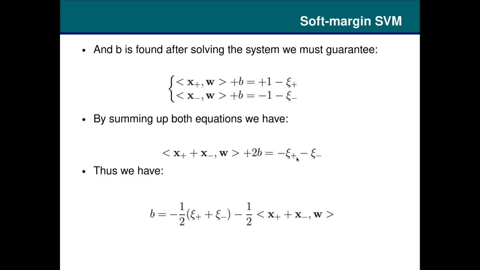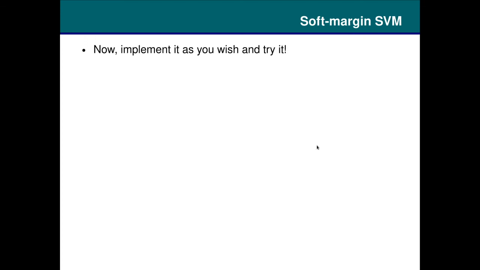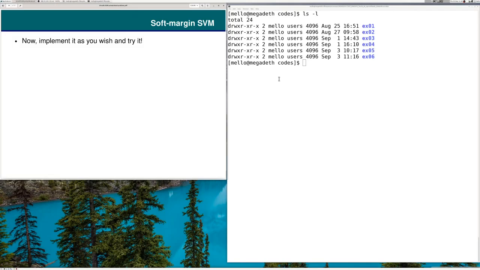I just decided to sum up both and use my minus as a minus sign over here. Okay, this is my B for the soft margin problem. What is nice about this soft margin problem that I wish you guys to implement is that this solves complex problems. This indeed solves very complex problems. Guys, see you in the next videos.